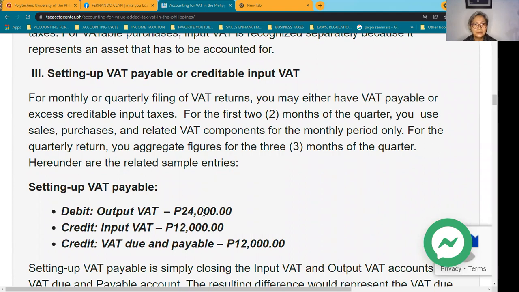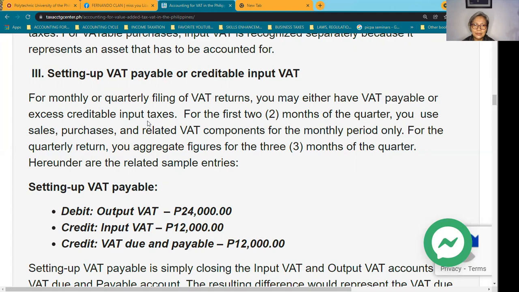Setting up VAT payable or creditable input VAT. For monthly or quarterly filing of VAT returns, you may either have VAT payable or excess creditable input tax. So, pwedeng malaki yung output VAT kesa sa input. Pagka mas malaki yung output tax kesa sa input tax, meron kang VAT payable sa BIR.